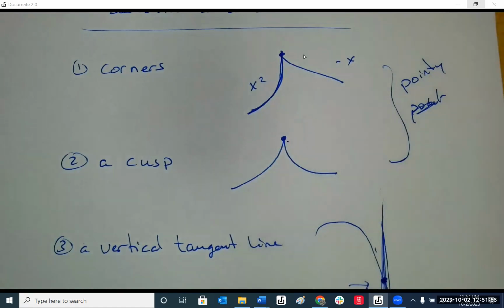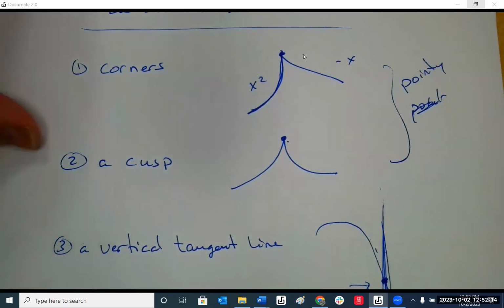Even what we did today, finding the limits of taking the f of x plus h, that's way too much work. We're going to learn something in the next couple of sections where this is dinosaurs compared to what we're going to do.